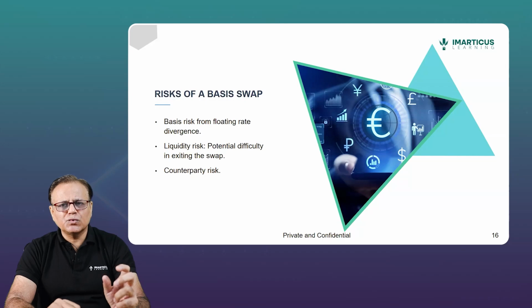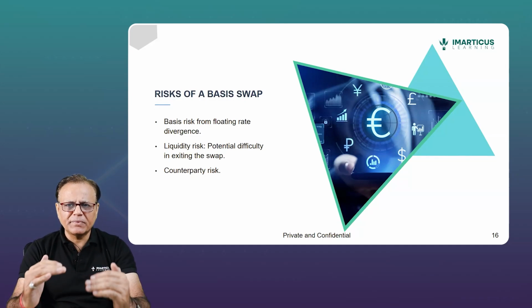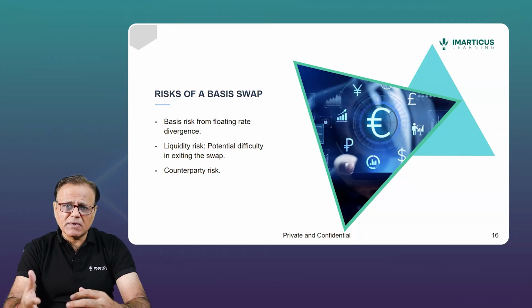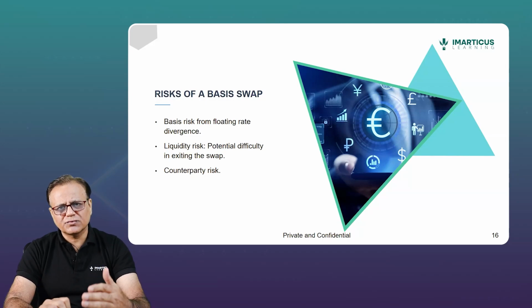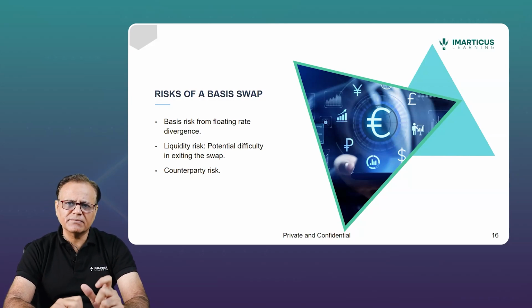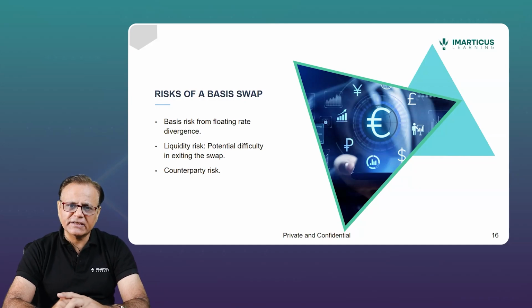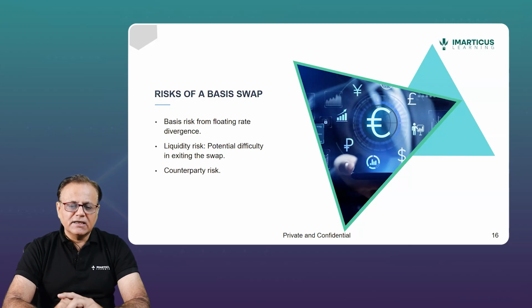So to get another party to agree on the same terms and conditions of the contract, with those periods, floating rates, and benchmarks, which means it's a very customized contract, there will be an element of some liquidity risk of not being able to find a counterparty in case one needs to exit the swap as such.